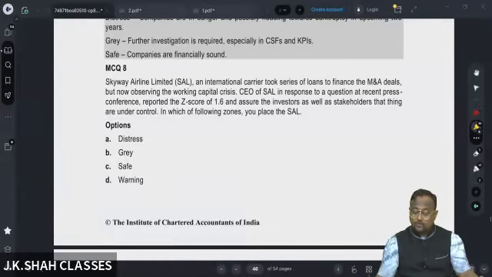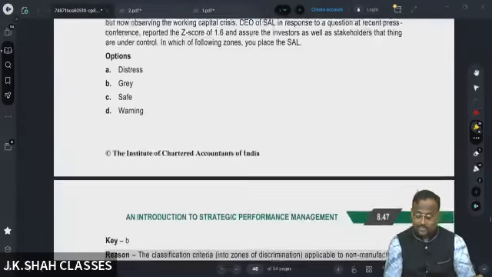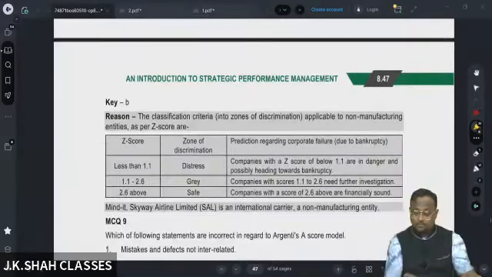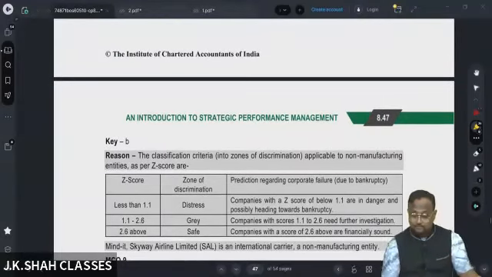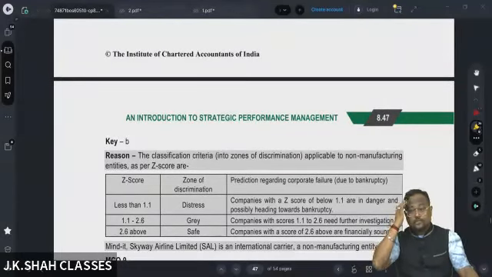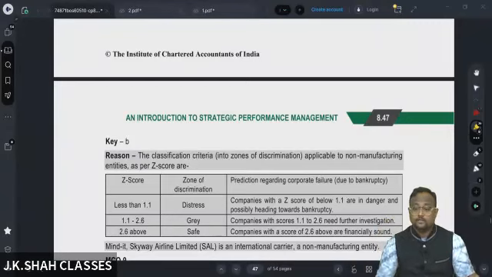In which of the following zones will you place SAL? See, they have given the Z score. Here they expect us to know everything, all 4 categories.